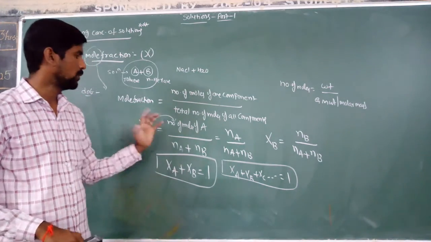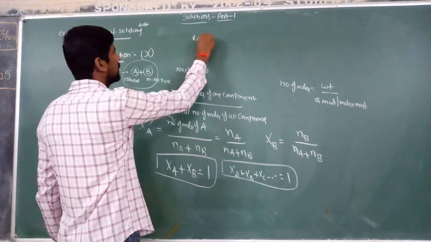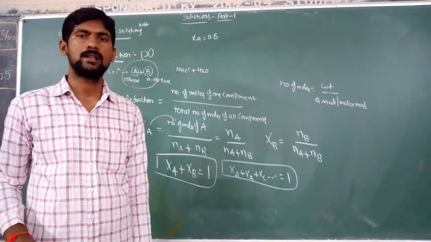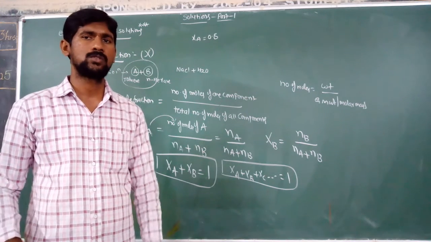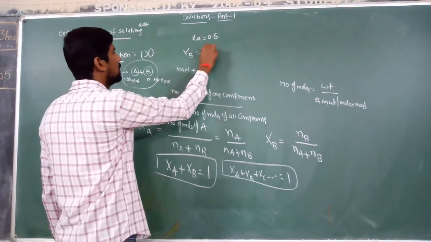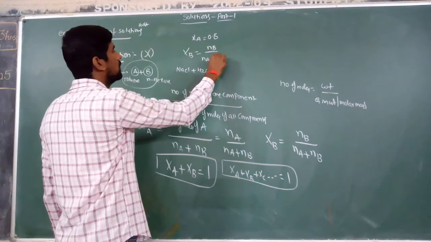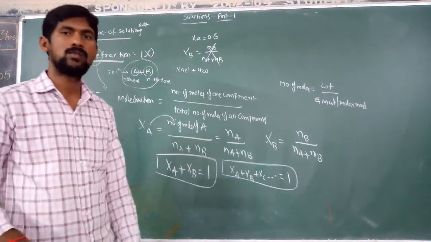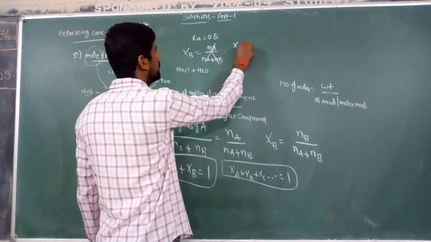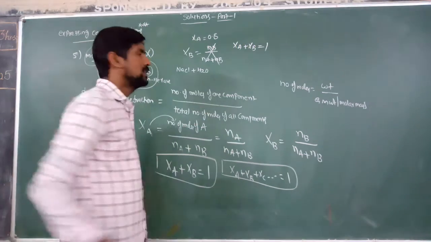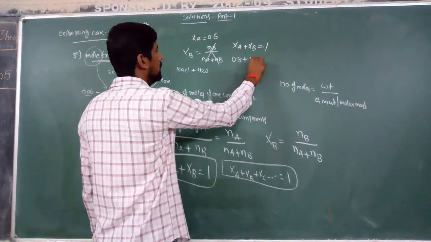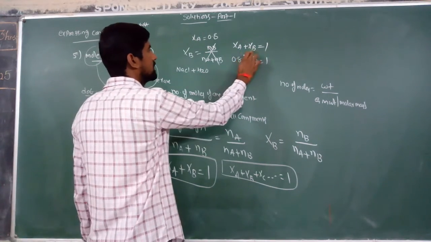For example, if we know the mole fraction of A, say mole fraction of A is 0.8, then there is no need to substitute into the formula XB equal to Nb by Na plus Nb, because the sum of the mole fractions is unity. If we know the mole fraction of A, we easily get the mole fraction of B. XA plus XB is equal to 1.